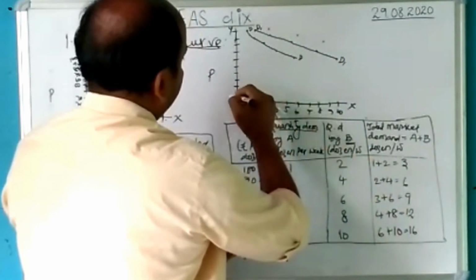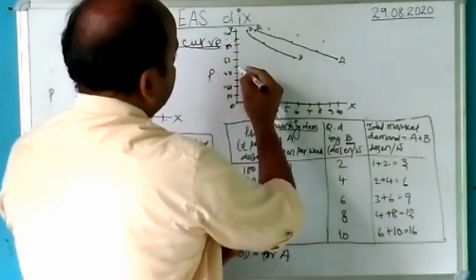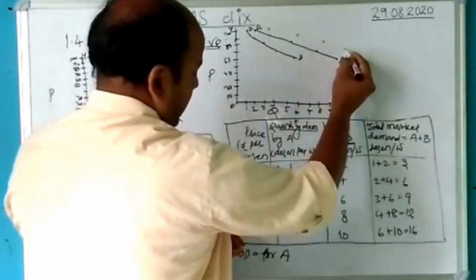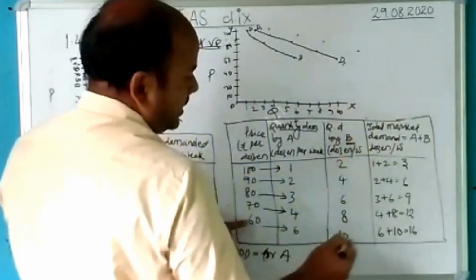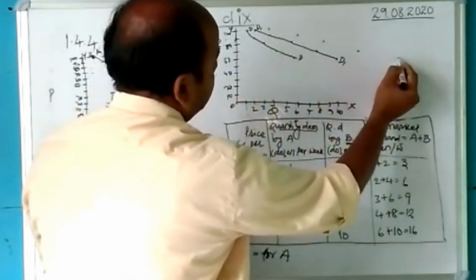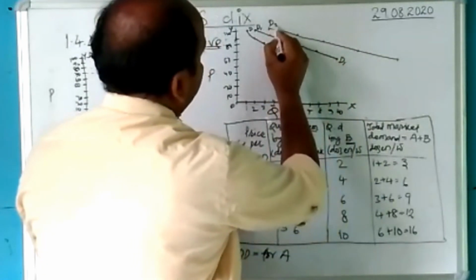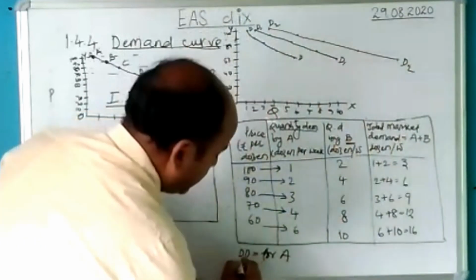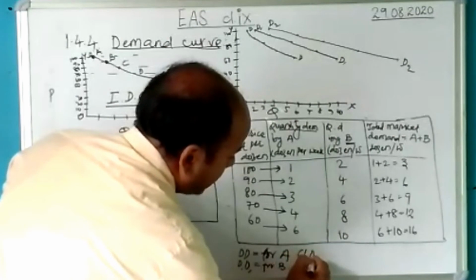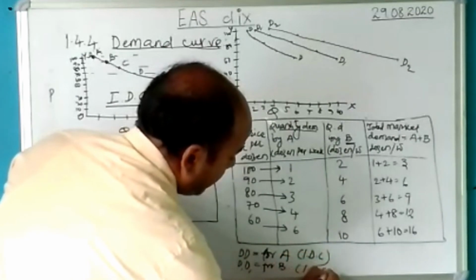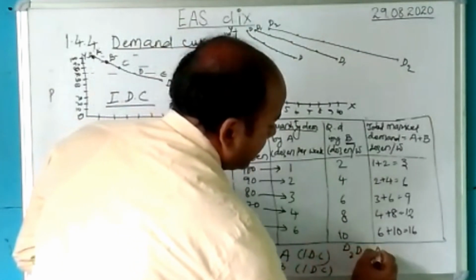At 70 you have 12, which almost comes here, and at 60, 16 almost comes here. Now if you join it, this is D2, D2. D1, D1 is the individual demand curve for B, there is an individual demand curve for A, and D2, D2 is the market demand curve.